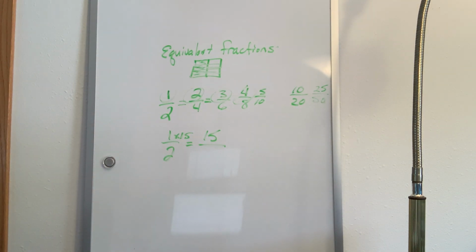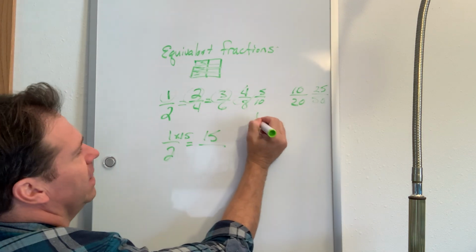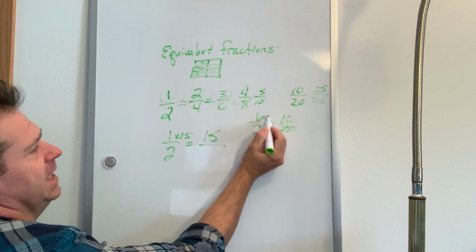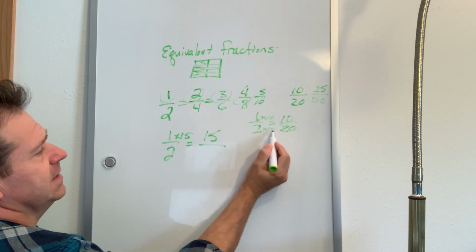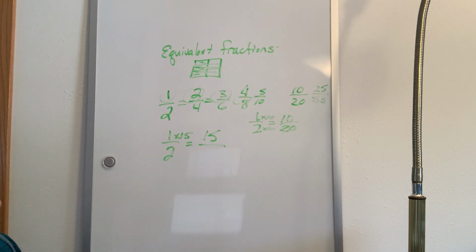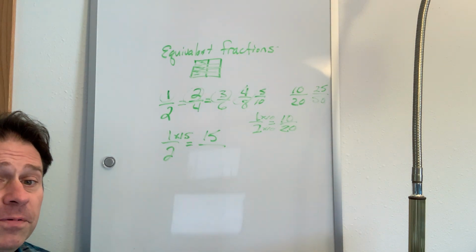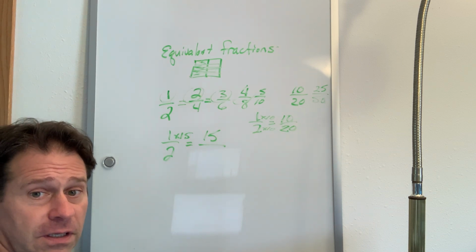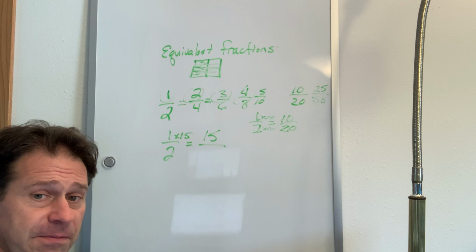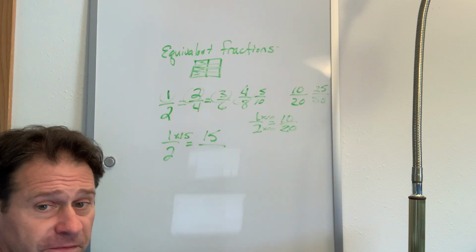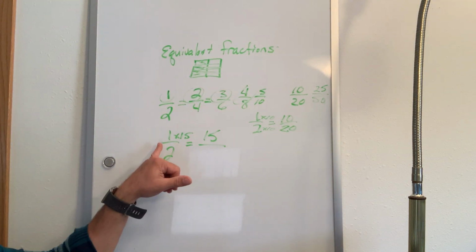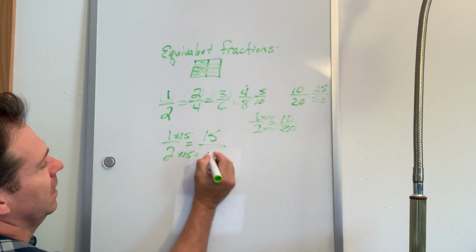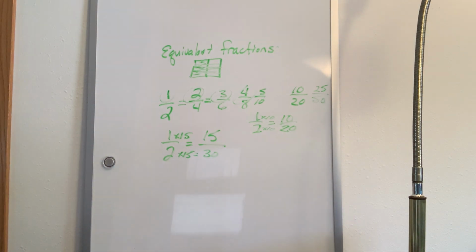Now, one thing that I know, like when Ezra did this with 1/2, you notice this was times 10 to get here. To find equivalent fractions, if you multiply the top and the bottom by the same number, it's an equivalent fraction. Works for division too. Okay, so I multiply the top by 15, then I multiply the bottom by 15, and I get 15/30. Got it? Okay.